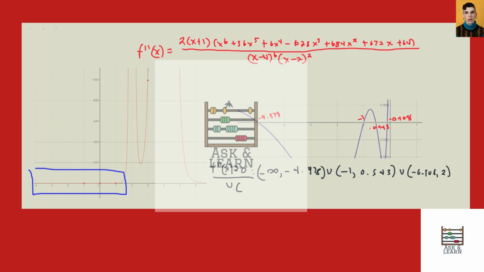And then the rest of our domain should also be greater than 2, so it would be 2 to 4, union 4 to infinity.